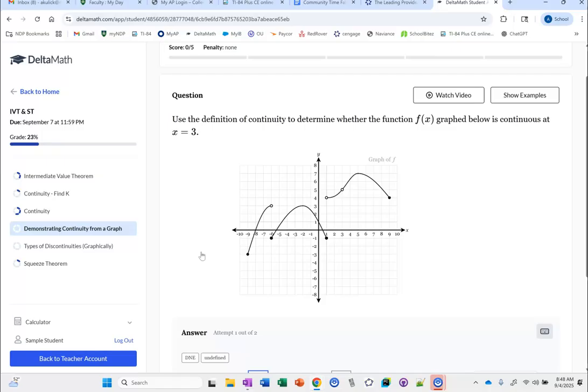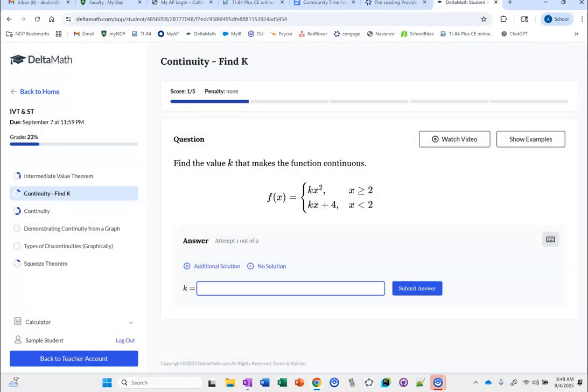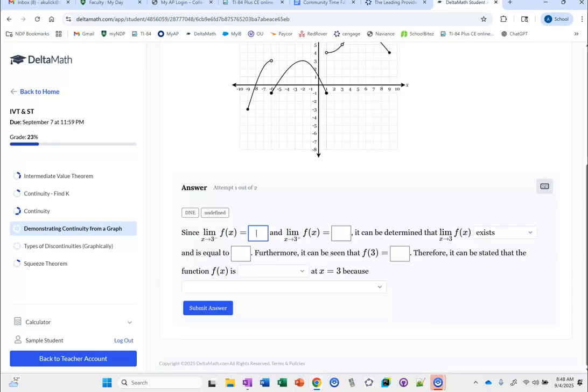Because we have the hole. So what do we have here? The limit from the left is 3. The limit from the right is 3. And it can be determined that the limit exists and is equal to 3.